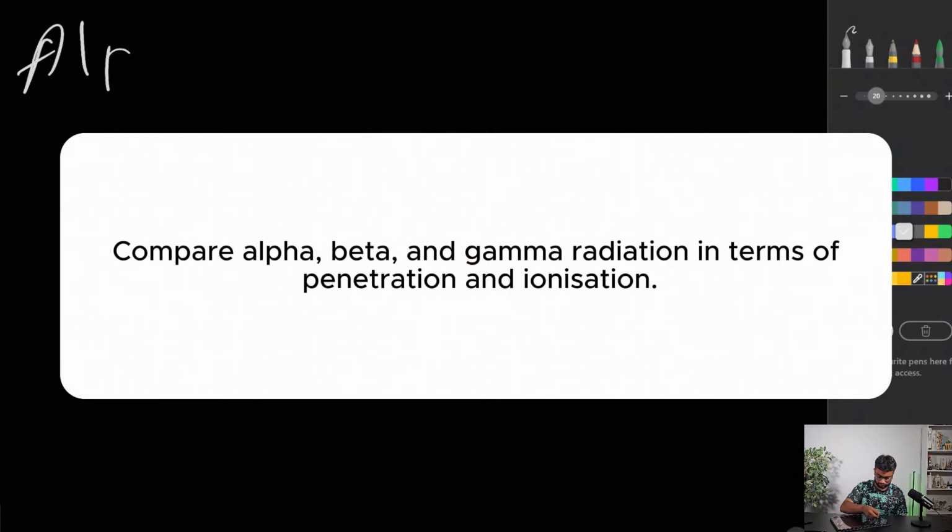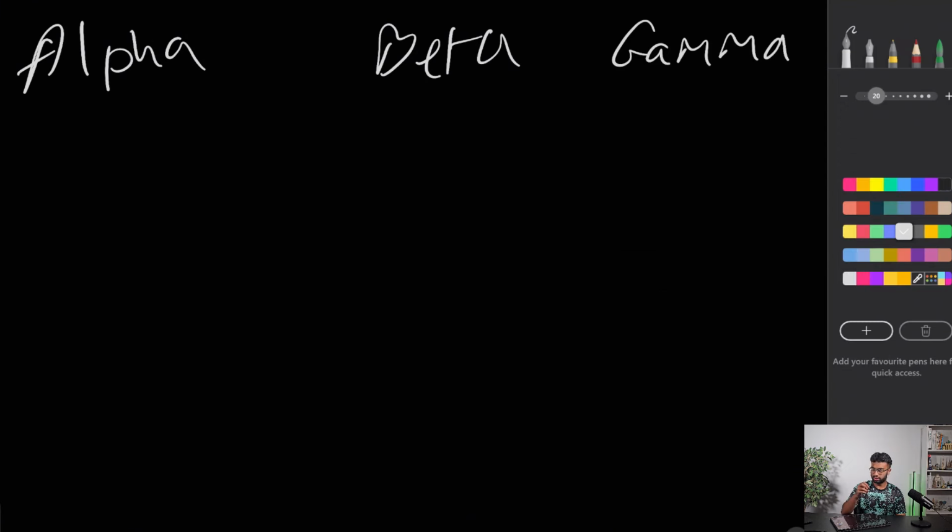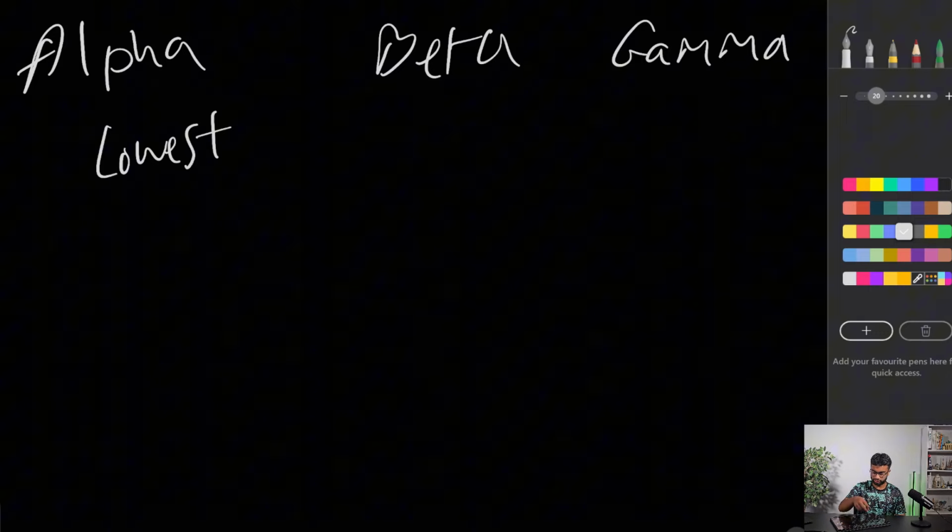The next question tells us to compare alpha, beta, and gamma radiation in terms of penetration and ionization. So in terms of penetration, I'll label that with P. Alpha has the lowest penetration, and it increases as you go across.